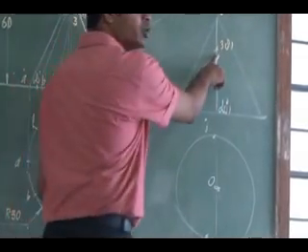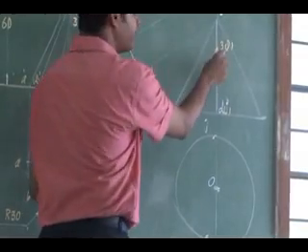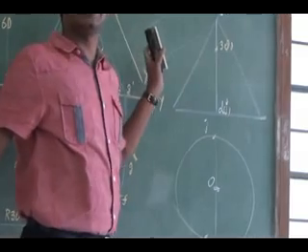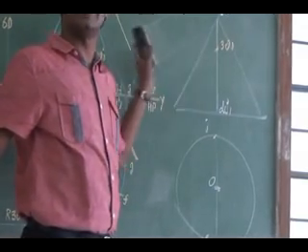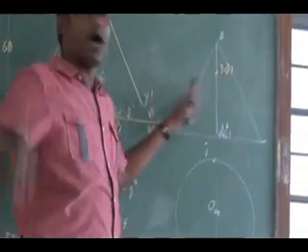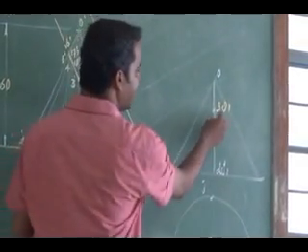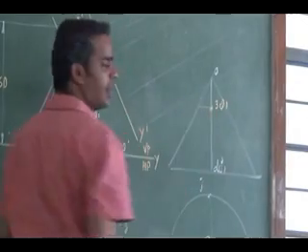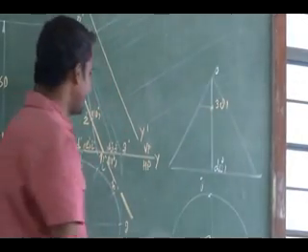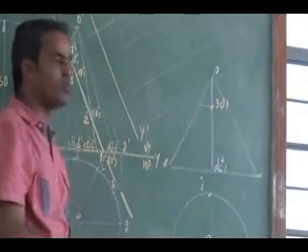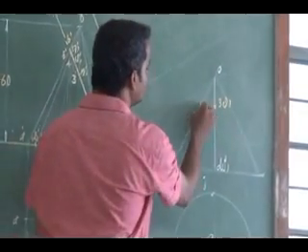What I can do is project it to the other generator, the slant generator, that is, the extreme generator. Listen all of you, the extreme generator. So 3 and 9, we extend to the other extreme generator, which is AO.